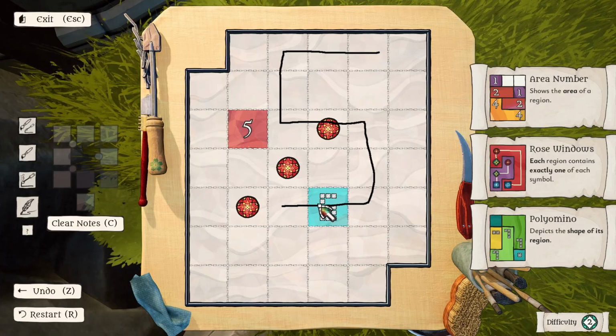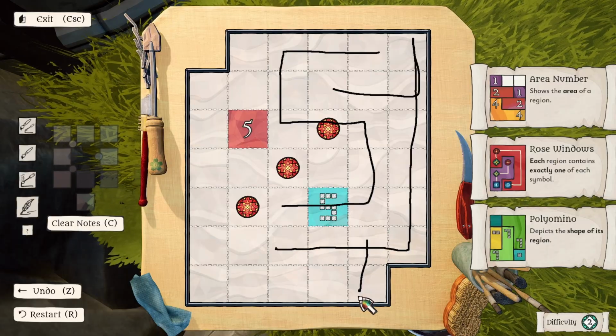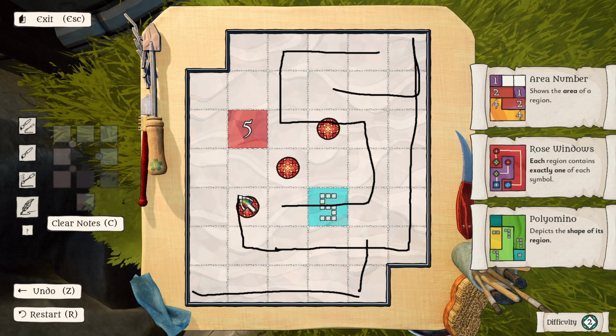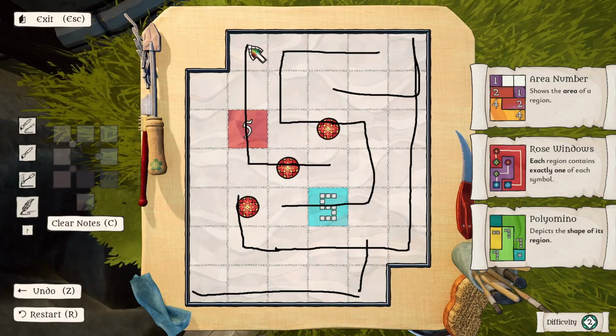Like this. Because all of this does need to touch one of these. And this 5, if this 5 could get up to here, that would solve all the problems. But that's 6. That is not 5.